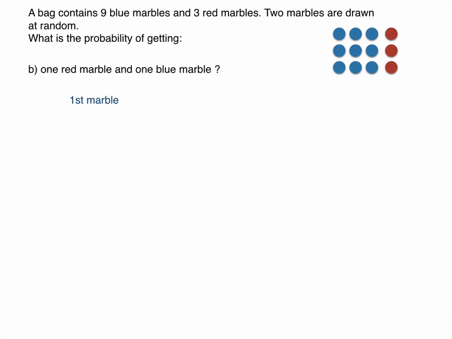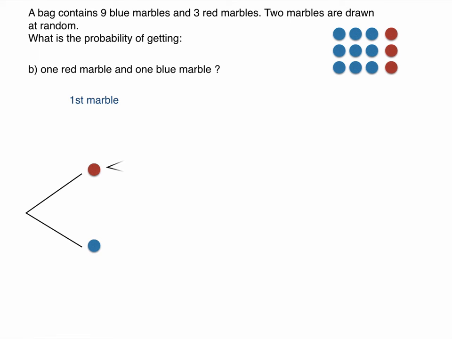If you're asked the probability, though, of getting 1 red marble and 1 blue marble, it's a little bit different. So the first time round, you can pick a red marble or a blue marble. And this is where our tree diagrams become a useful way of guiding our thinking in a problem such as this one. Of course, when you draw the second marble, you can get a red one or a blue one.